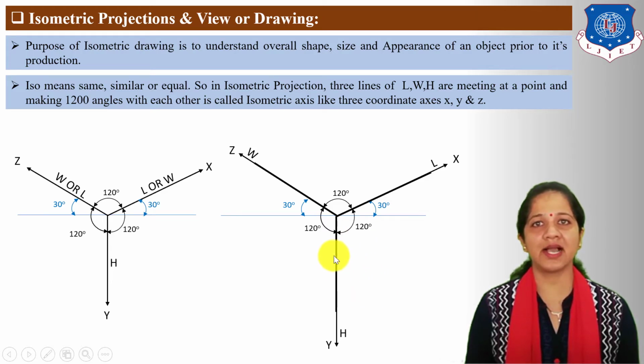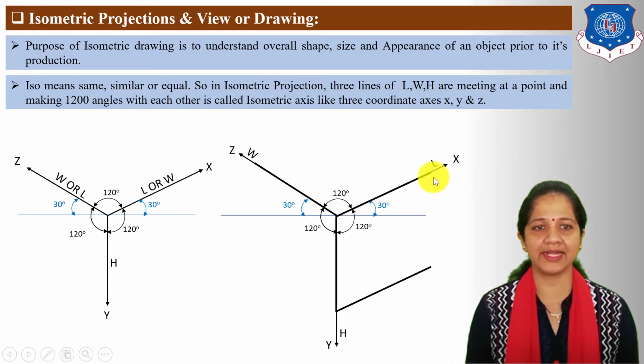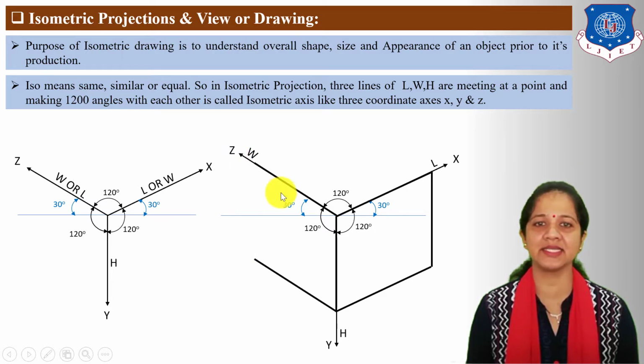Next complete isometric box. From end point of this height line, draw parallel to x-axis or length line. Next draw parallel to y-axis or height line. Next from this point draw parallel to z-axis or parallel to width line.